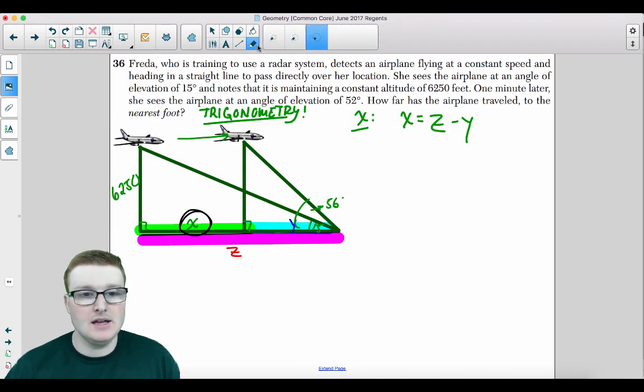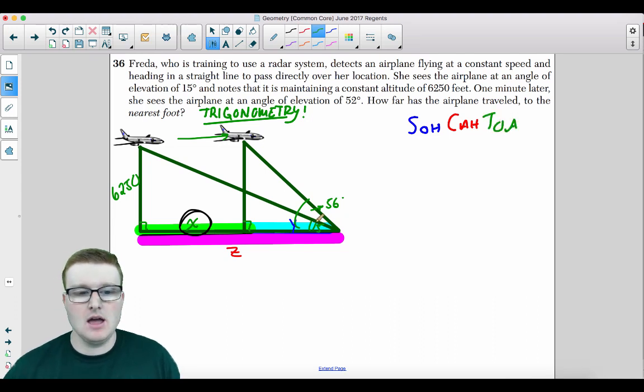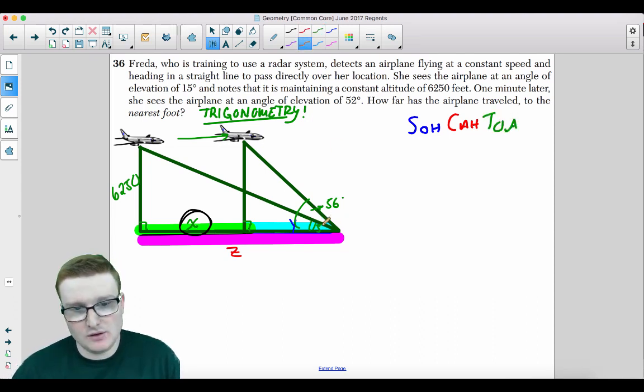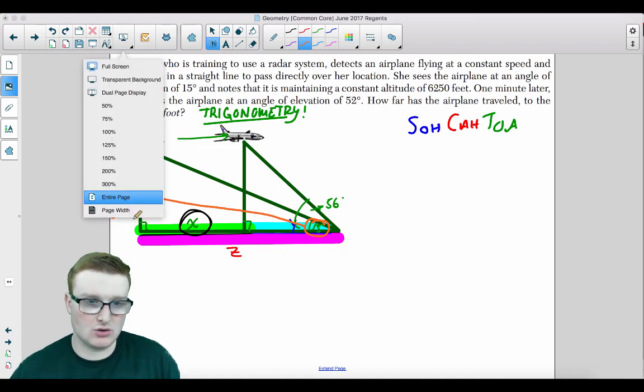Okay, not too bad. First things first, I'm going to write down SOH CAH TOA because I know I'm working with it. In reference to the little angle 15 over here, we're given 6,250. That is called your opposite side of that triangle.